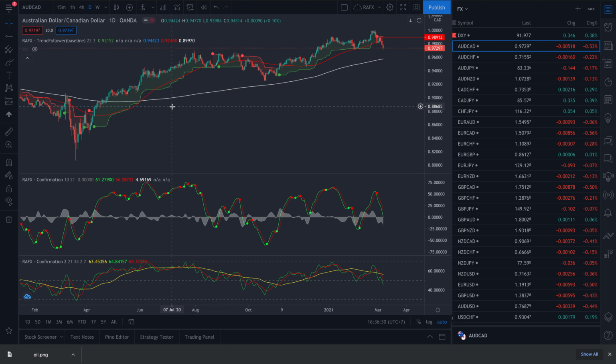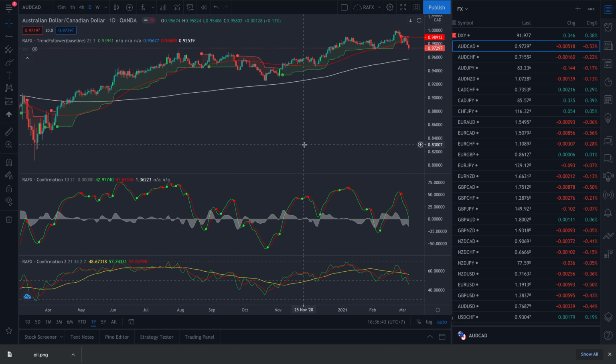Let's say, for example, the AUD CAD pair. Based on this chart, AUD CAD is still on an uptrend because the price is above the 200 baseline. Although it has broken down below the 50 baseline here, we are still in an uptrend because it's still above the long-term 200 baseline.